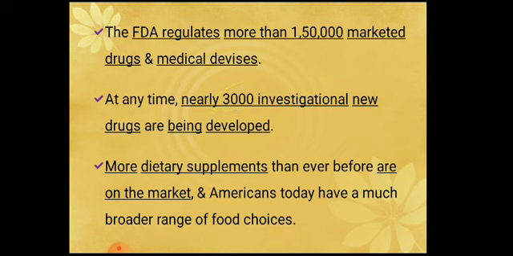Okay, 3,000 means research is going on continuously, and day by day the entry of new drugs is increasing. In this topic we are concerned with the investigational drugs, which are around 3,000, and they again need to be controlled by the FDA.